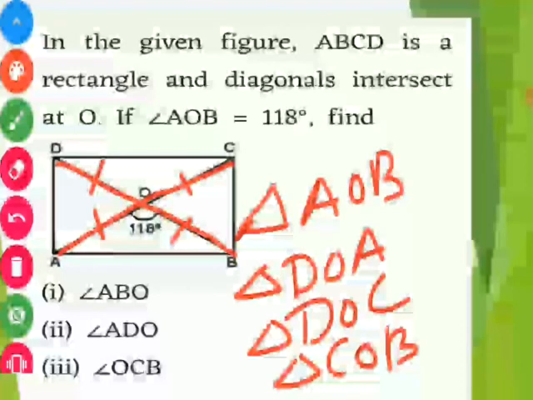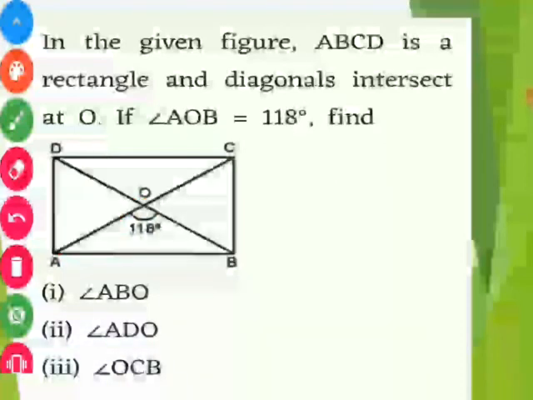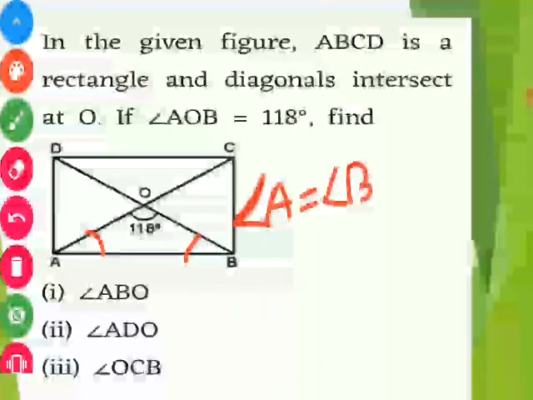So these are isosceles triangles, and as you know, in an isosceles triangle, the angles in front of the equal sides are also equal. So angle A will be equal to angle B, and let us consider both equal to x. So this is x and this is x.